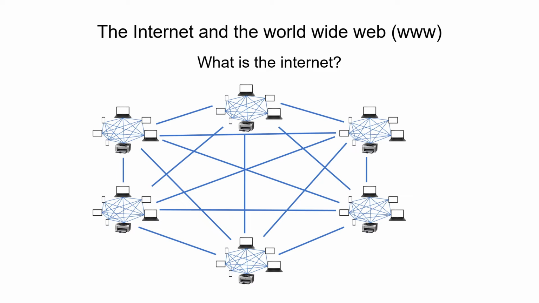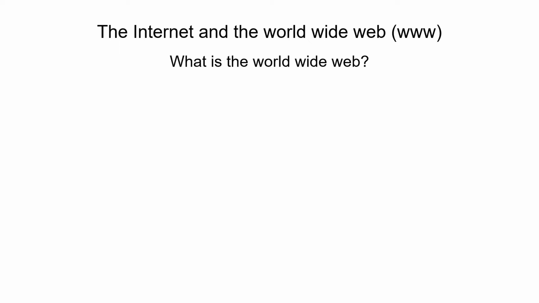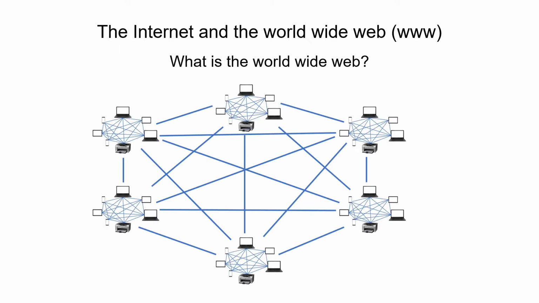So now that we know what the Internet is, what about the World Wide Web? You see, some of the computers in the Internet have documents or files that are written in a specific format or using a specific language. These documents, together with other resources such as audio files and videos, have unique identifiers. Furthermore, these documents can have references to other documents and other resources in other computers anywhere in the world.